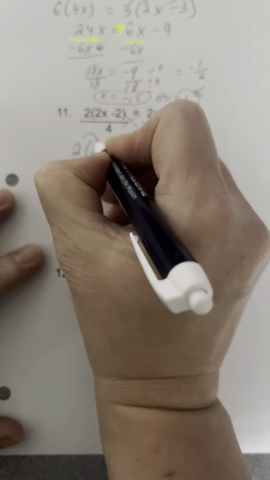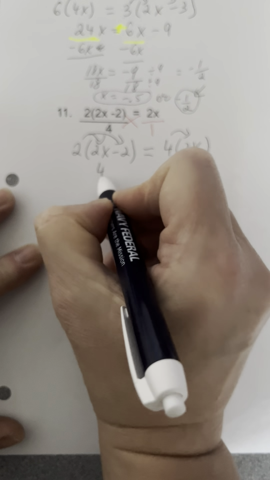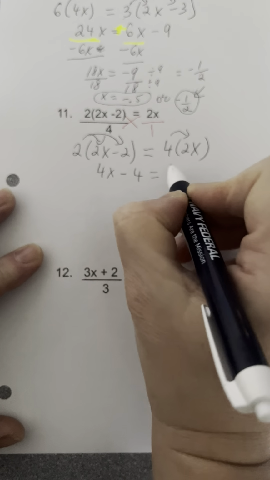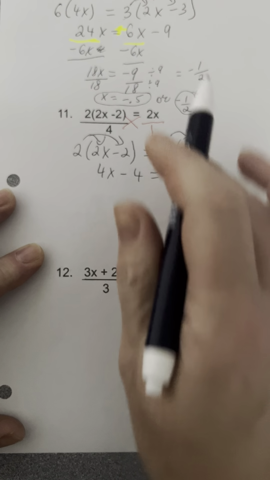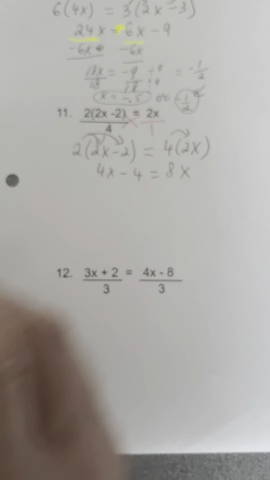All right, distribute. 2 times 2. Okay, again, we have 2 variables. We do not want to move this one, because if you move it, you will have an empty side again. We don't need that. So this one here.